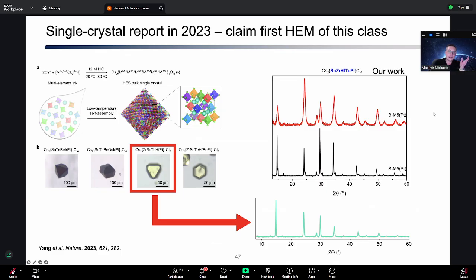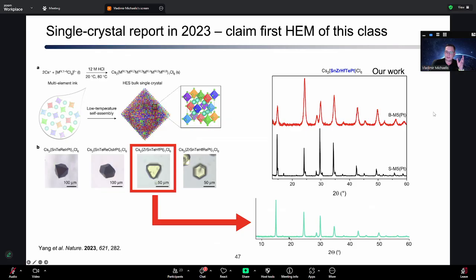And what they indicated is that you can make single crystals that are high entropy. And they use diffraction. The diffraction data look good. And we say, okay, that's fine. But the question then becomes, when you have isoelectronic metals, and you have isostructural structures, how do you discern whether or not you actually form a high entropy material?